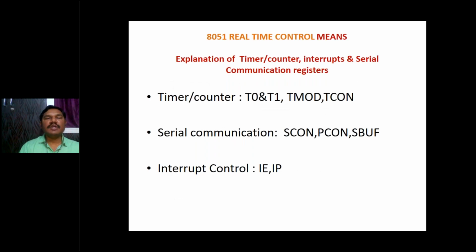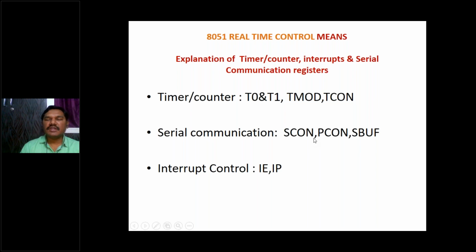So 8051 real-time control means explanation of timers or counters, interrupts and serial communication registers. Timers or counters means we talk about three registers: T0 and T1, TMOD, TCON. Explanation of these registers is the explanation of timers and counters.